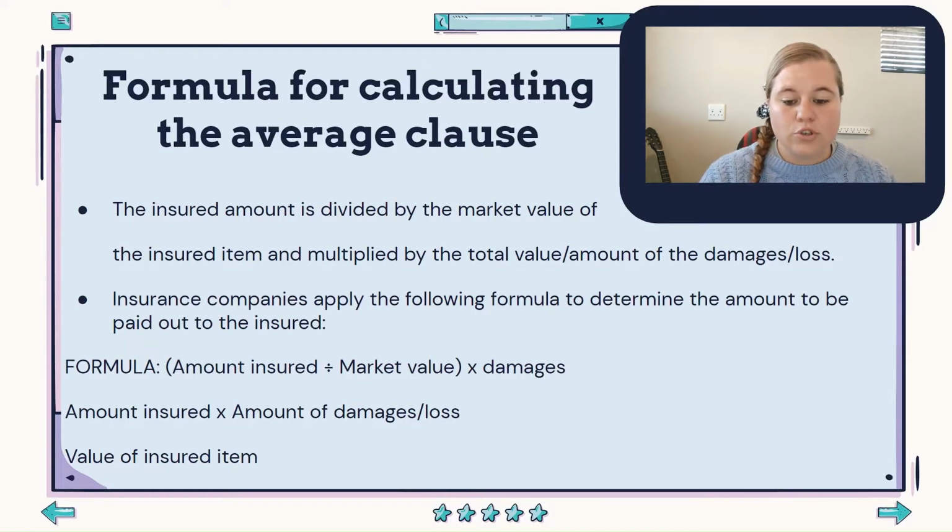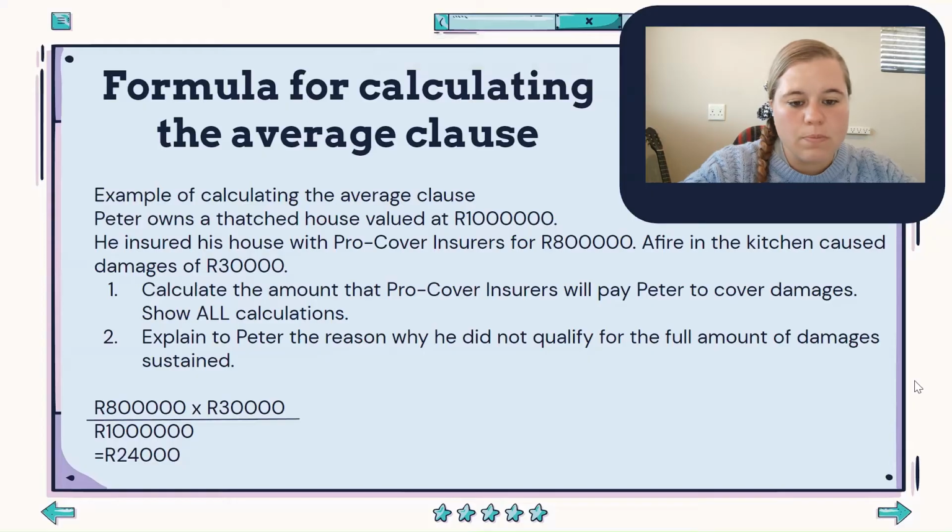There's our formula: amount insured divided by market value, times the damages. So, an example of calculating the average clause.